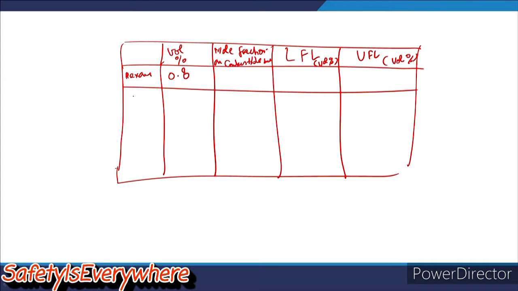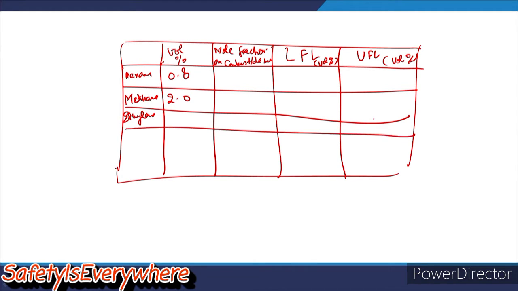So we have hexane, then methane, which is given in the problem as 2%. Then we have ethylene, which has 0.5%. So the total combustible comes out to be 3.3, and the remaining part is 96.7.